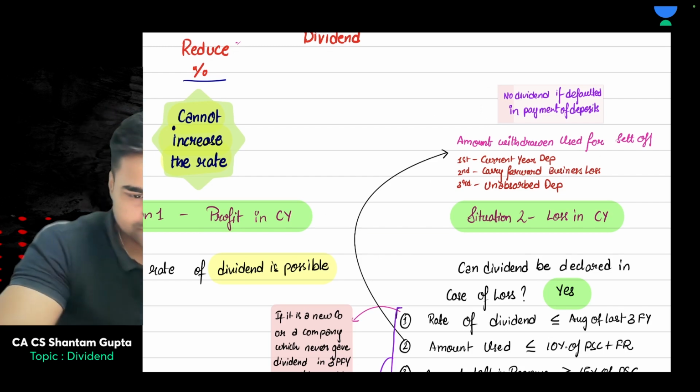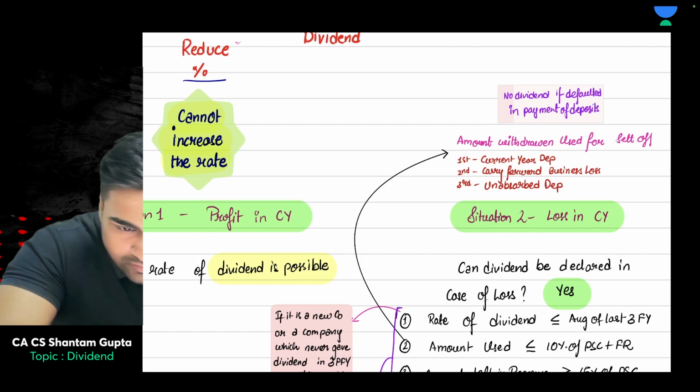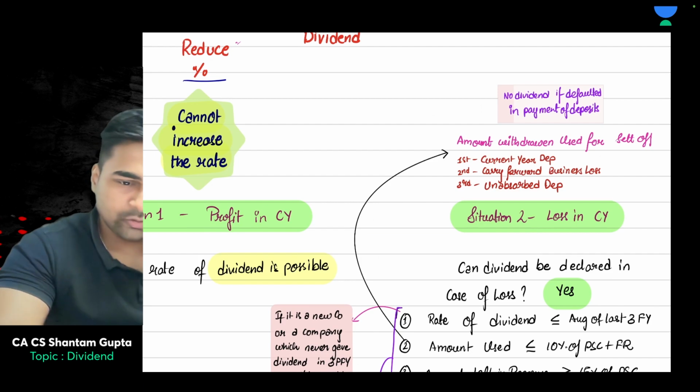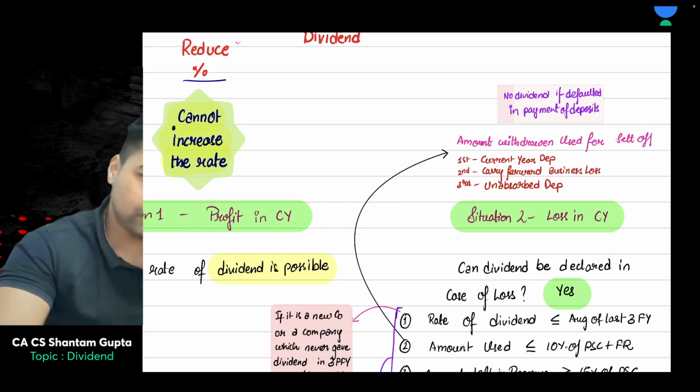What is this? In both cases the same thing is written, and you are also writing the same thing, and you are asking me the same question only.